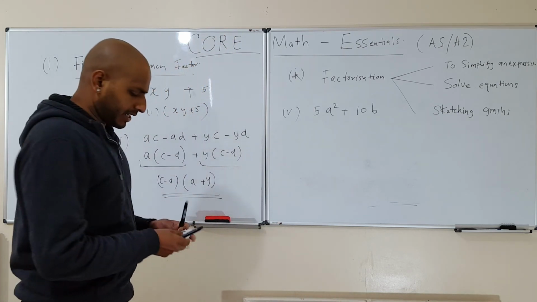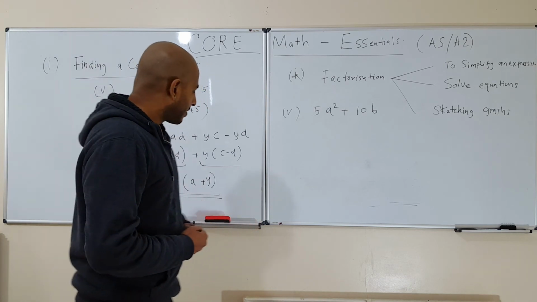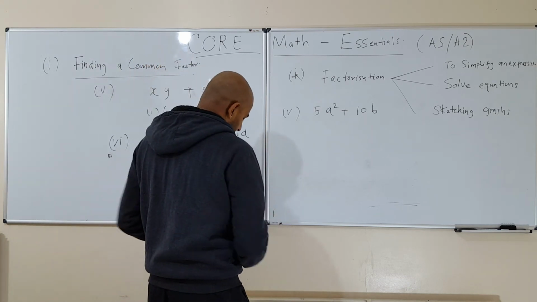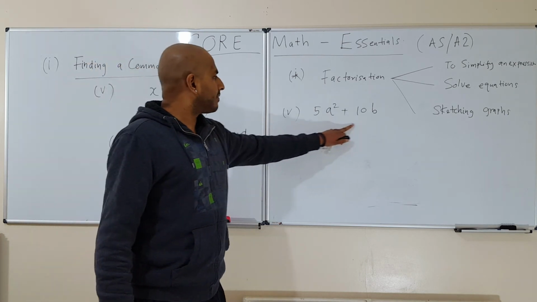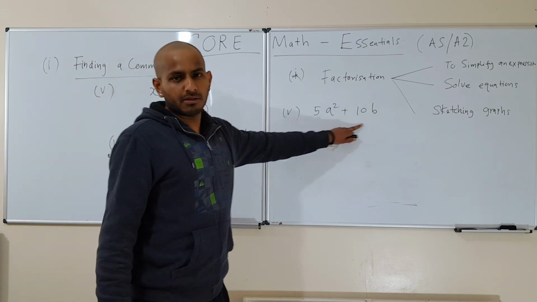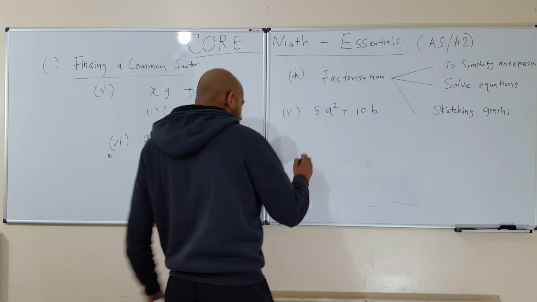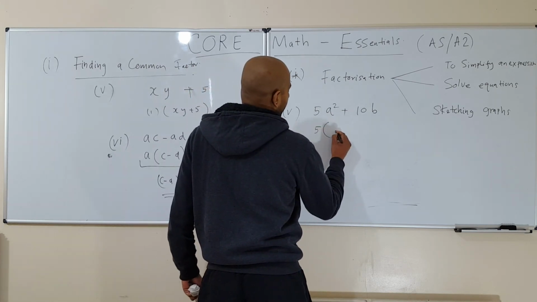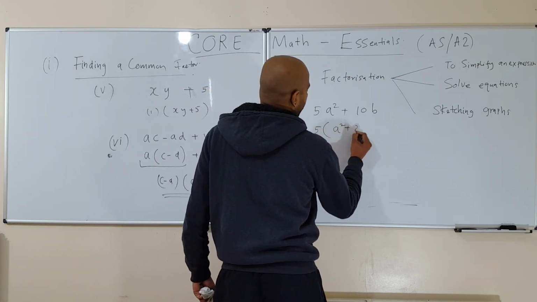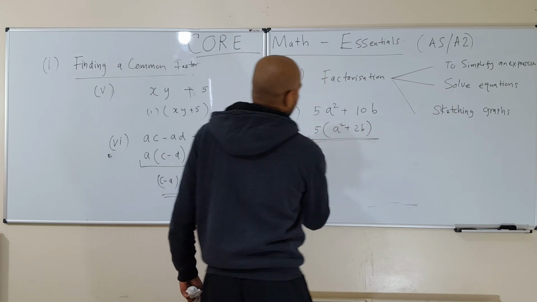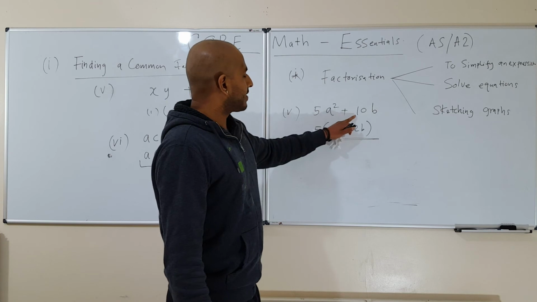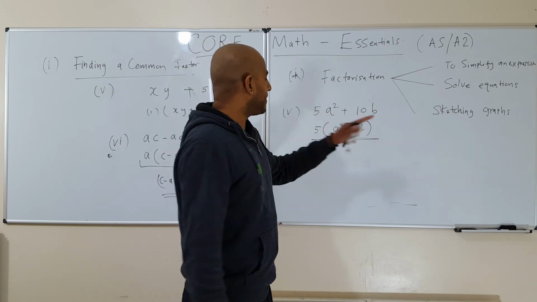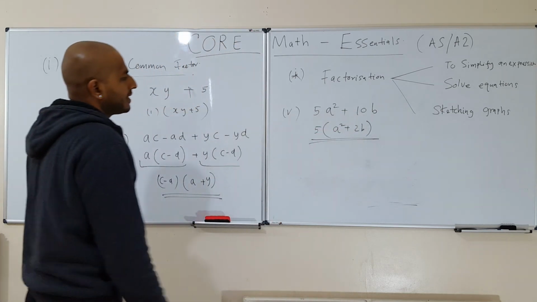What could be a common factor? What do you think the common factor would be? Your 5 is a common factor, isn't it? Because the letters aren't common at all. So 5 is a common factor, take it out. What you're going to get here is a squared plus 2b. That's it. 5a squared divided by 5, you got a squared. 10b divided by 5, 2b. Right, that's basically it.